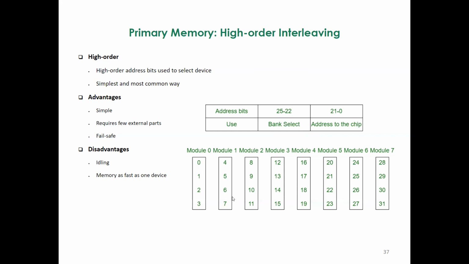And then you can see that this gives you that block access, because address 0, address 1, address 2, address 3, all of them are housed within module 0. So it's like a block of addresses housed within one module.